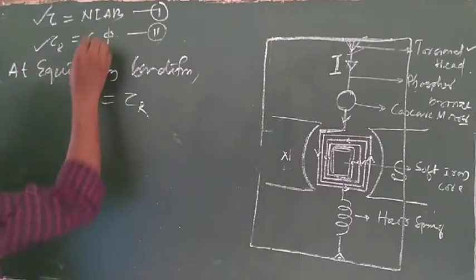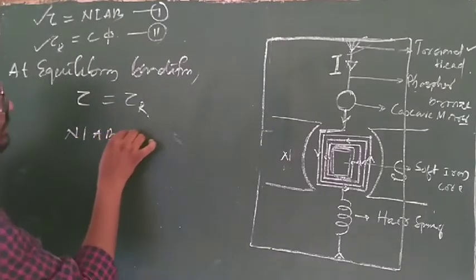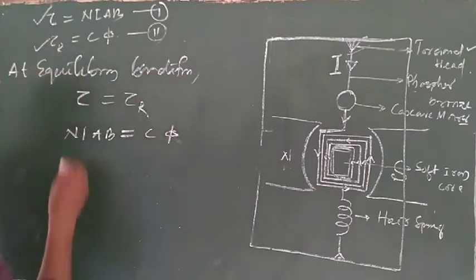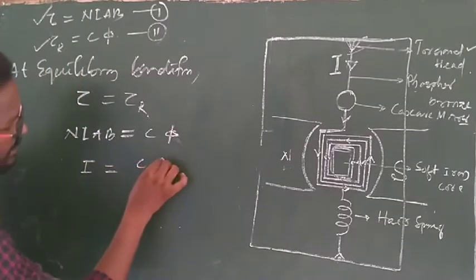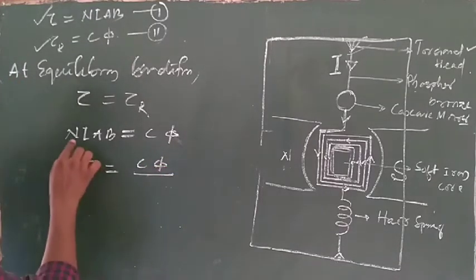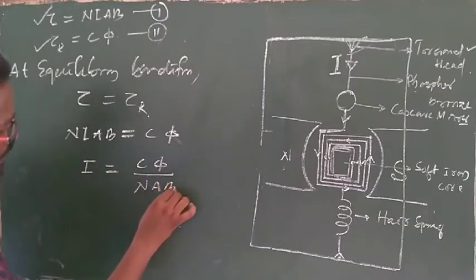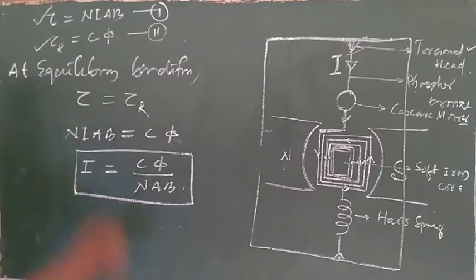And if we use this value, NIAB is equal to C phi, so I can write I equal to C phi divided by NAB. Clear?